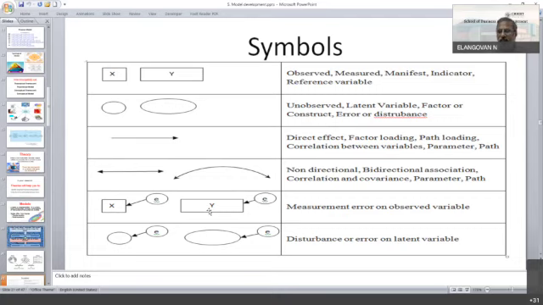When you calculate the standard of any measure, an error comes out. That's called a measurement error. While you are measuring, there can be some error coming out.